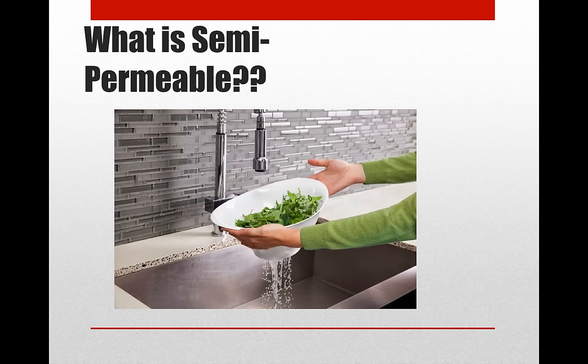So we just mentioned that the cell membrane is semi-permeable, but what does semi-permeable mean? You can think of it like this colander right here, and you're washing a salad, some lettuce, and it allows some things to go through the colander and some things do not. So basically it allows certain substances to pass through the membrane, but not others.